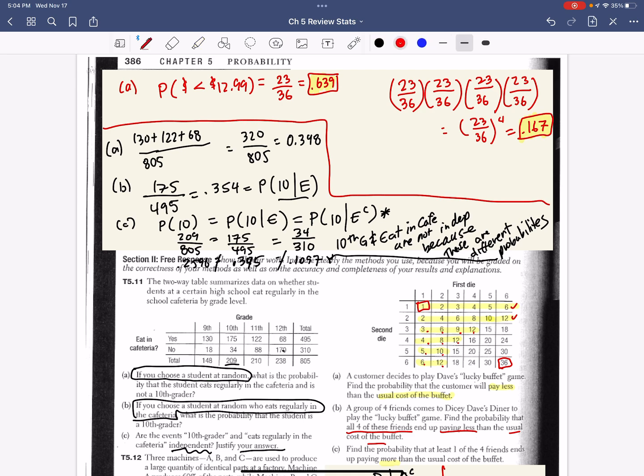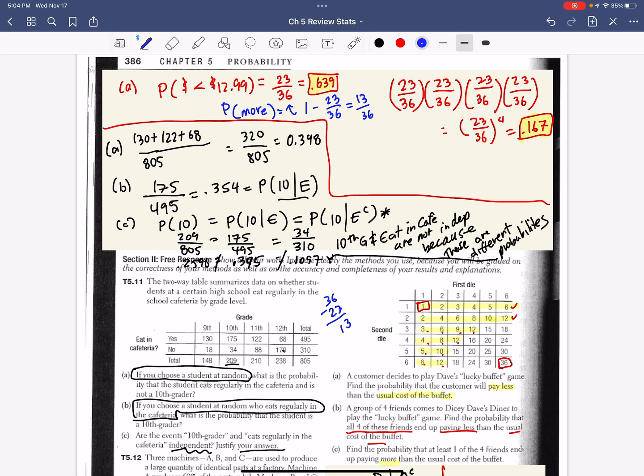Okay, that's too difficult. That would take too much time, because that would be the probability. If this is the probability that you pay less, then the probability you pay more is its complement. So what would that be? That would be 13 over 36.